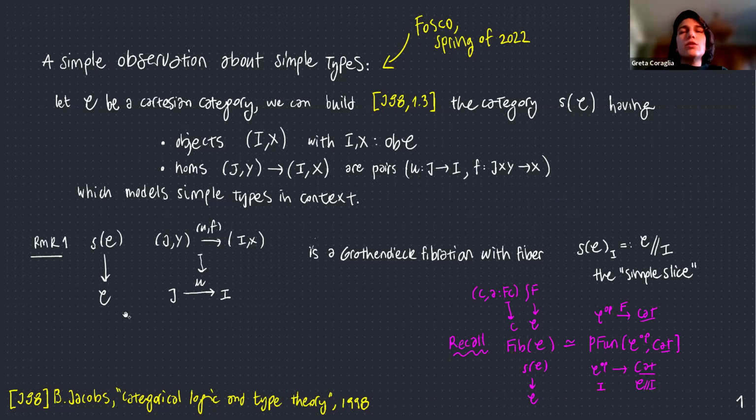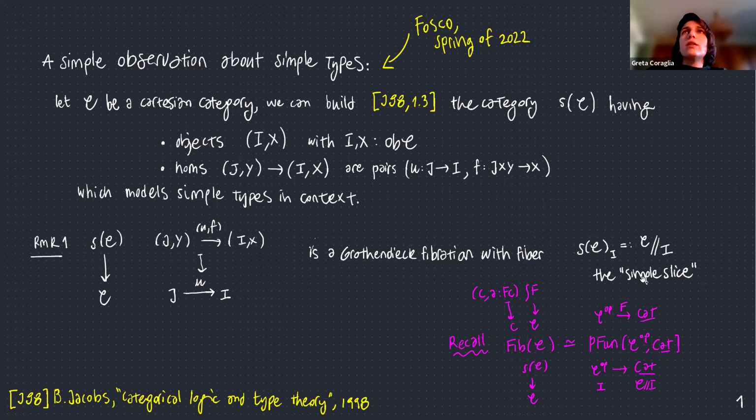I'm going to say Grothendieck fibration just a couple of times, and then I'm going to go straight to saying fibration. I know that means many things to people here, so every time I say fibration, just mean a Grothendieck one. The fiber at each I, which represents the context, he calls the simple slice.